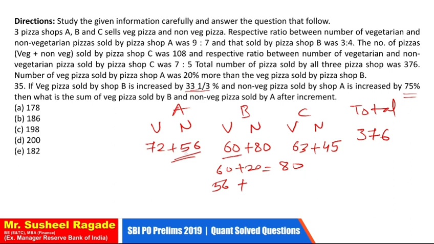It's very easy. 56 means 14 into 4 is equal to 56. 75% means we have to take 3 parts, so 3 parts means 42. So this is 98, and the addition of 80 plus 98 is 178. So the answer is 178.